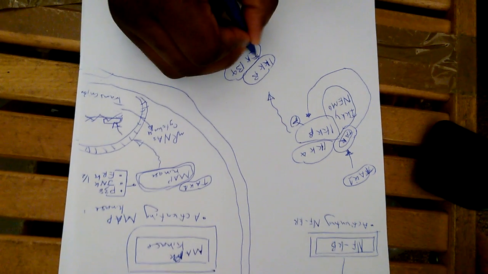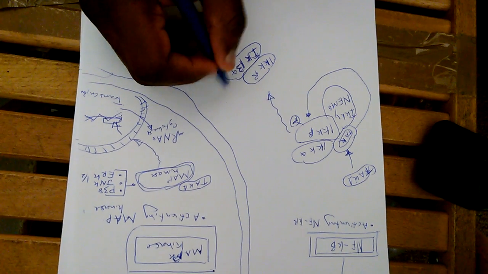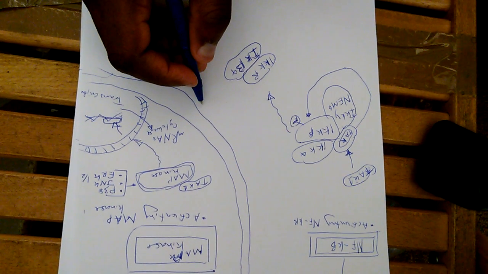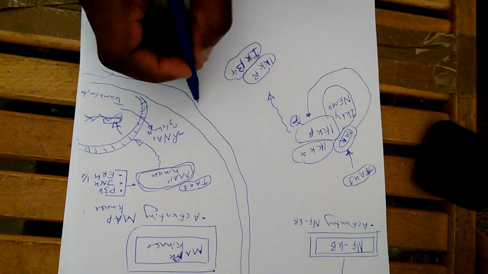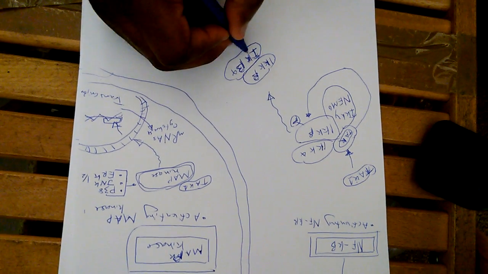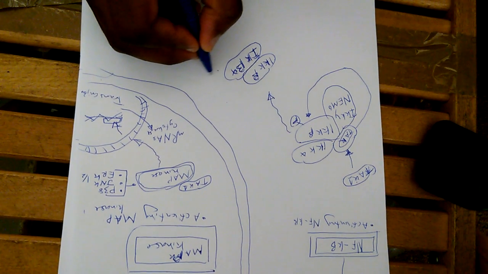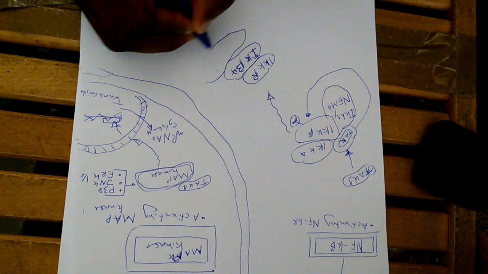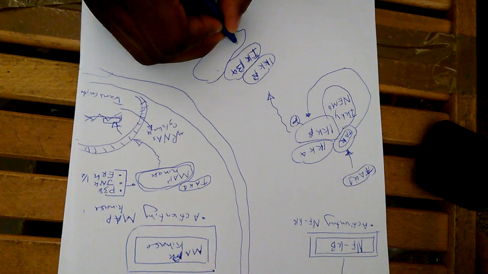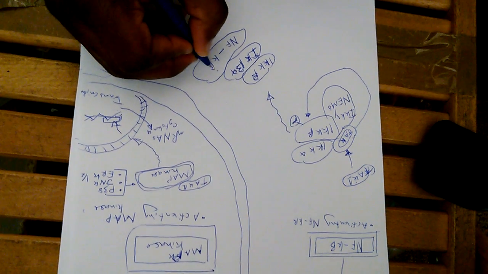Actually, it is IKB alpha, right? And it's not the same thing. This is IKK beta, this is IKB alpha. So IKB alpha is bound to what? The precious NF kappa B.